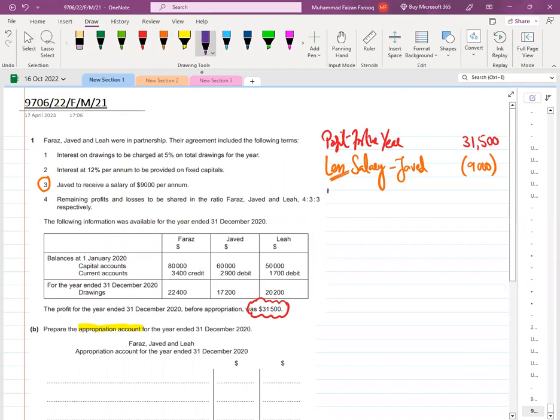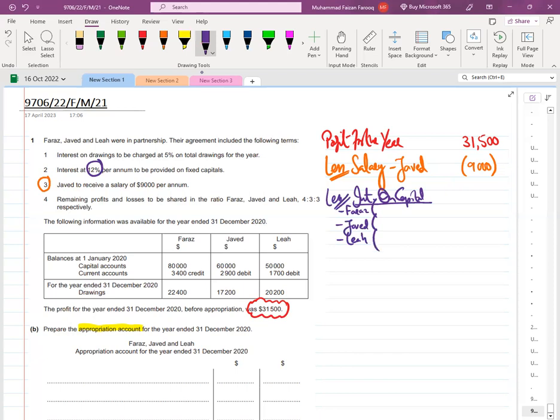Then we deduct interest on capital. They gave you the percentage, which is 12% on capital. We have three partners: Mr. Faraz, Mr. Javed, and Mr. Lee.